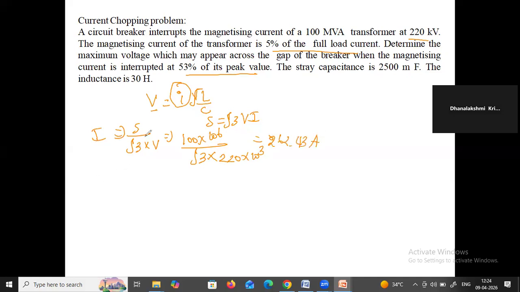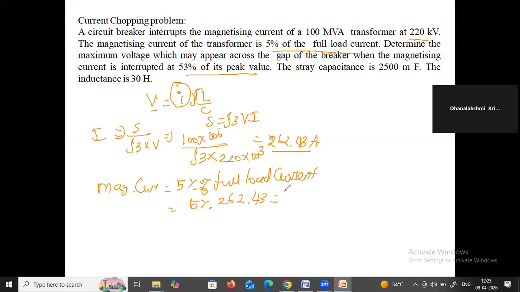The magnetizing current is 5% of the full load current. Here 5% of 262.43 gives 13.1215 amps.